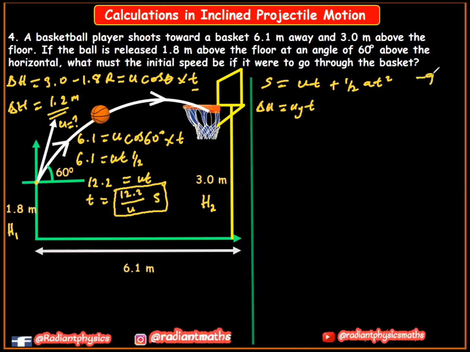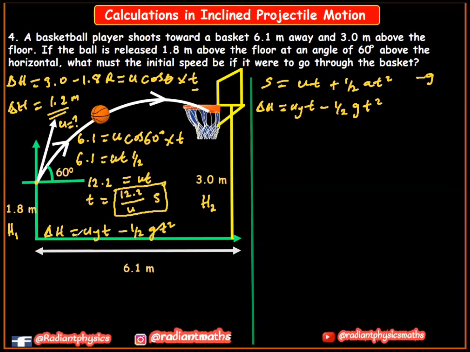Acceleration of free fall is negative in this case. So definitely this plus will change to minus 1 over 2, A is becoming g, and then we have t squared. So we are going to be working with this equation. Let's quickly transfer it to this point: change in height equal to u times t minus 1 over 2 g t squared.